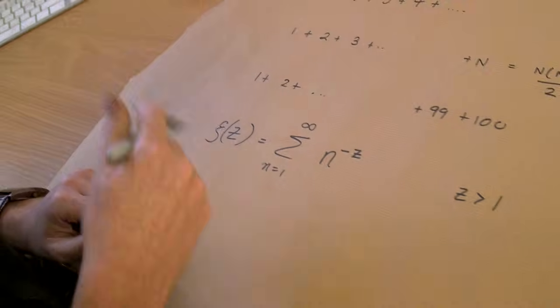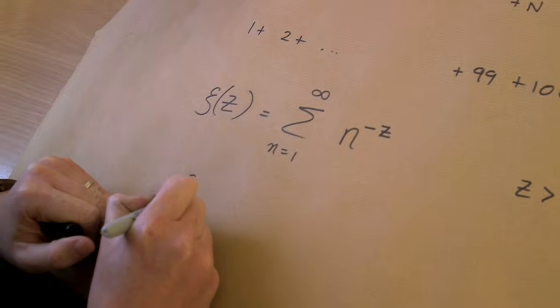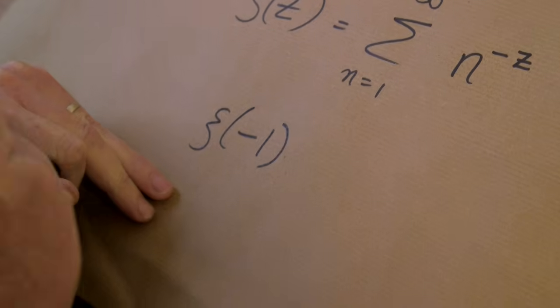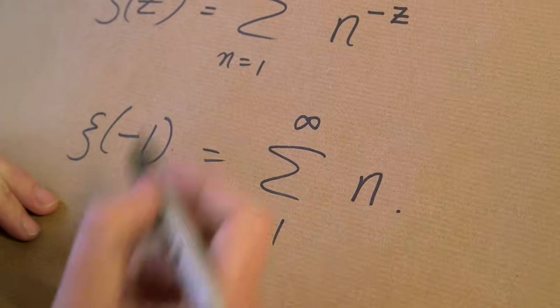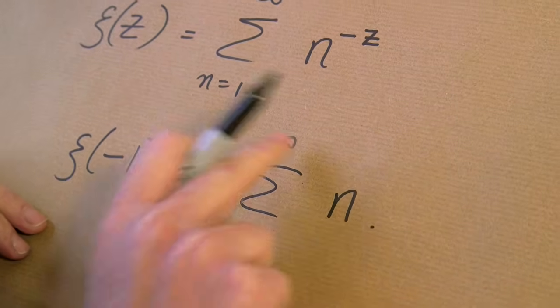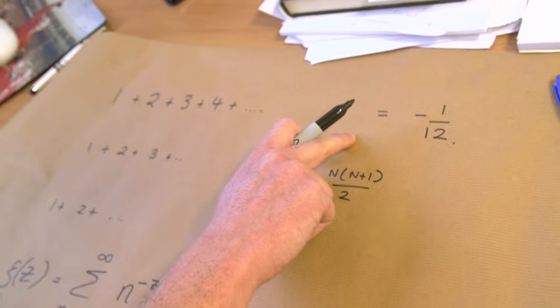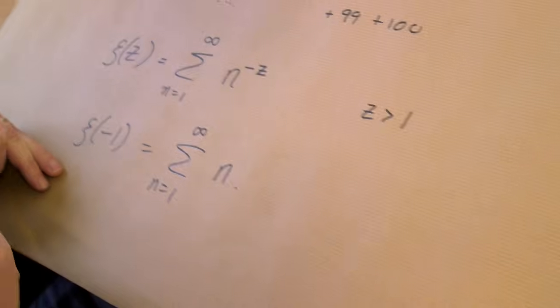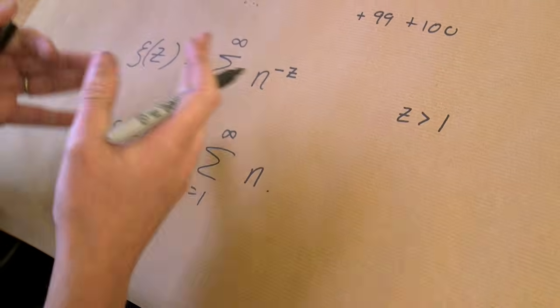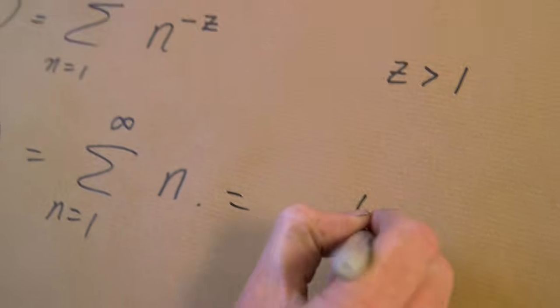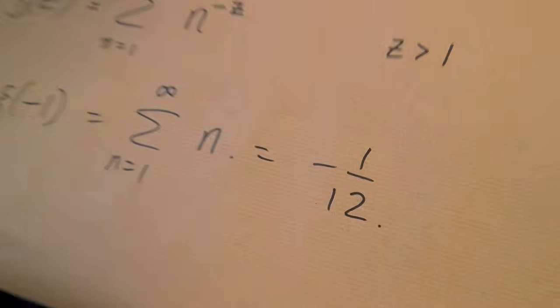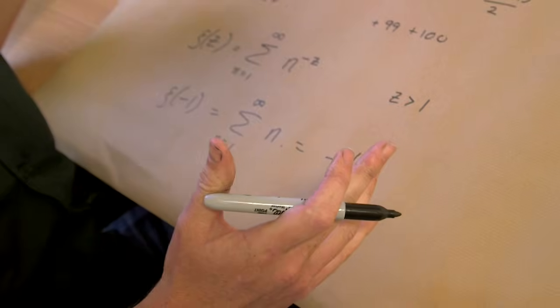And when you take the analytic continuation of the Riemann zeta function and evaluate it at -1, I chose -1 because if I plug in -1, I just get the sum from n equals 1 to infinity of n, which is precisely this sum here. So I do the analytic continuation, I plug it into the formula that I derived for z greater than 1, but now apply it to z less than 1, and I get -1/12.